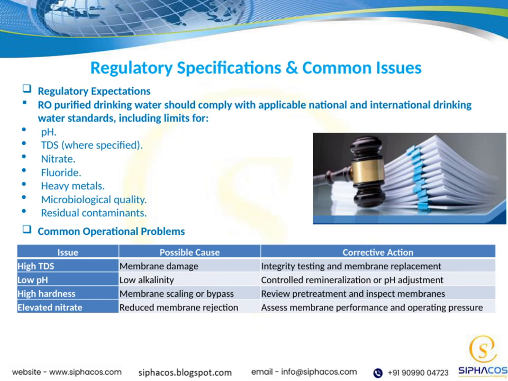High hardness might come from scaling or membrane bypass, so reviewing pretreatment and inspecting membranes is essential. Elevated nitrate levels suggest reduced membrane rejection, so assessing membrane performance and operating pressure becomes critical. Throughout, we must meet strict regulatory standards for pH, TDS, nitrate, fluoride, heavy metals, and microbiological quality to ensure safe drinking water.